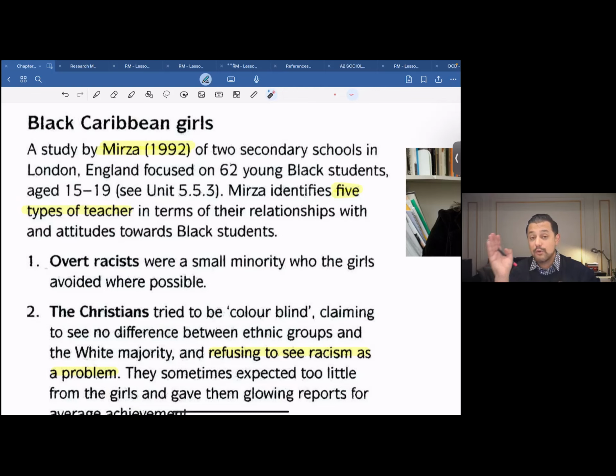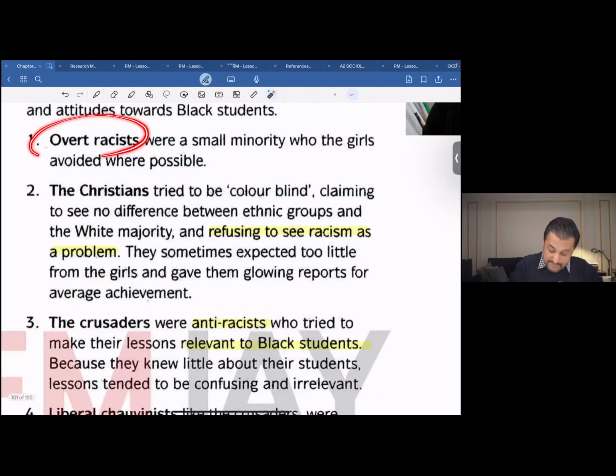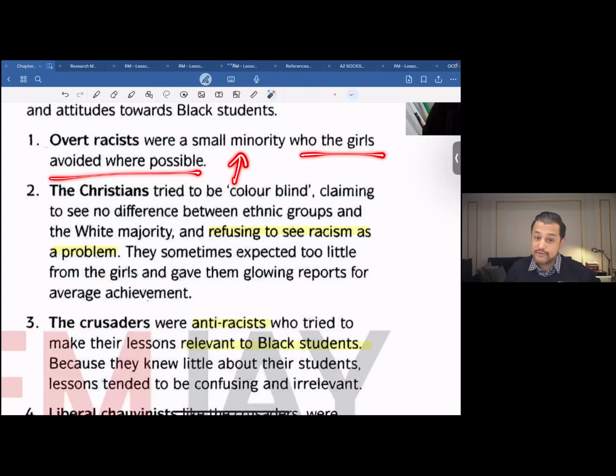Now we're discussing the different categories through which we could explain how teachers had a relationship with Black Caribbean girls. To begin with, there are five categories, okay? To begin with, we speak about overtly racist teachers, as the name explains. They were a small minority and girls avoided any sort of interaction with these teachers for obvious reasons.